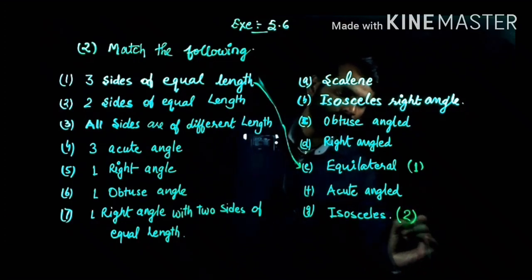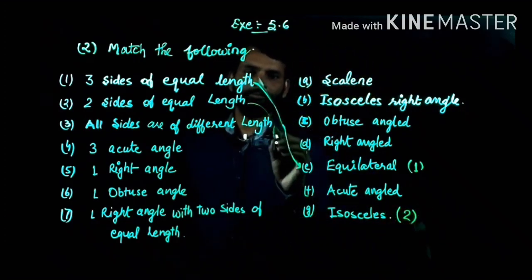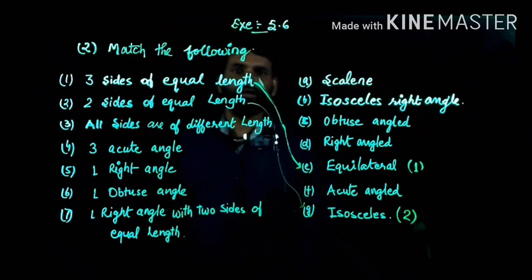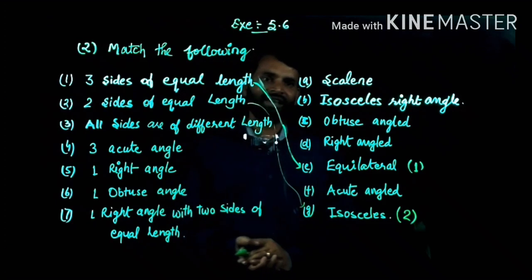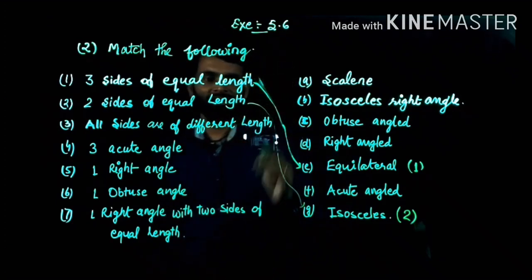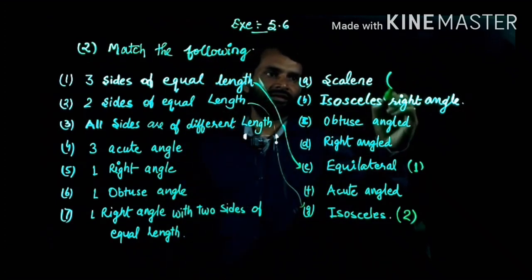You write 2. Okay. And third is all sides are different lengths. A triangle with all sides of different lengths is a scalene triangle. This is the third.